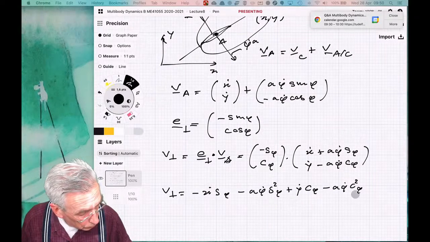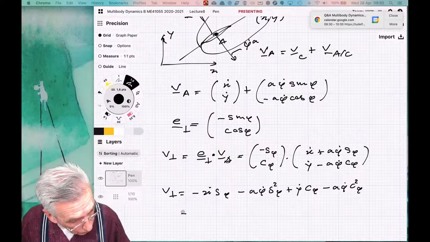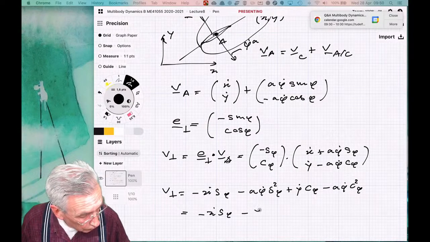Oh, those two go together, right? So we get minus x dot sine phi plus y dot cosine phi minus a phi dot.